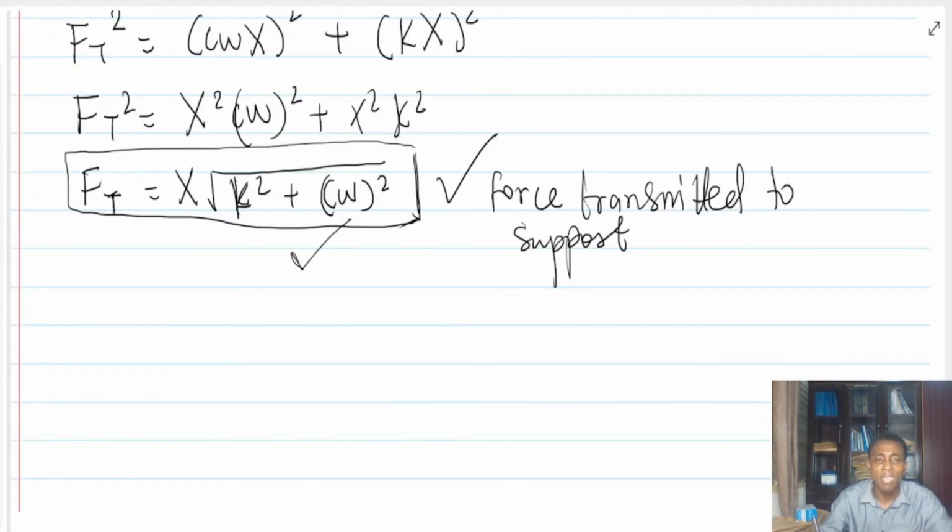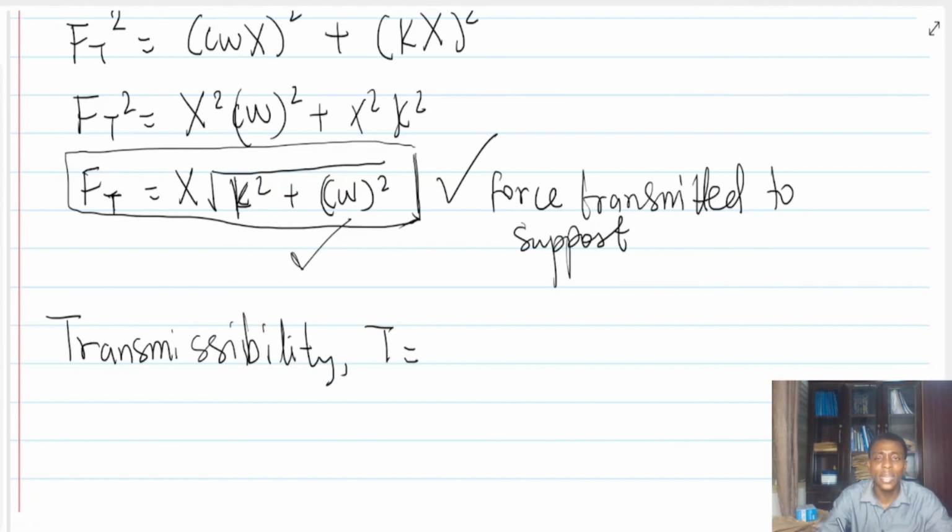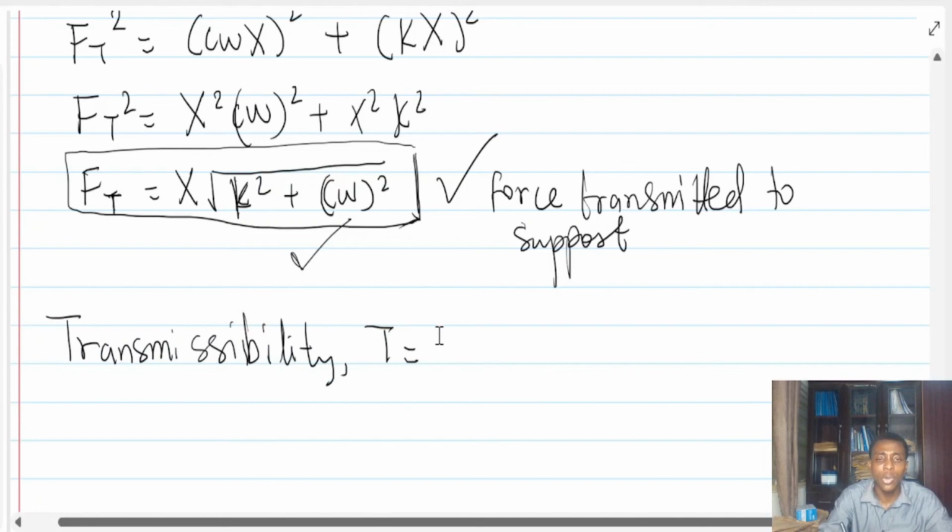Yeah, so let's look at the transmissibility. The name sounds weird, but it's actually simple to understand. Your transmissibility is nothing but the ratio of the force transmitted to the support against your dynamic force.